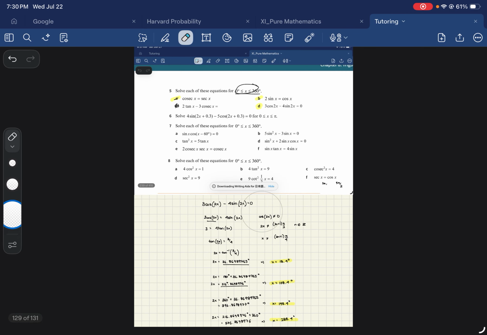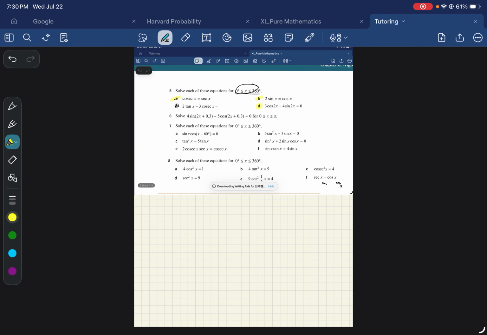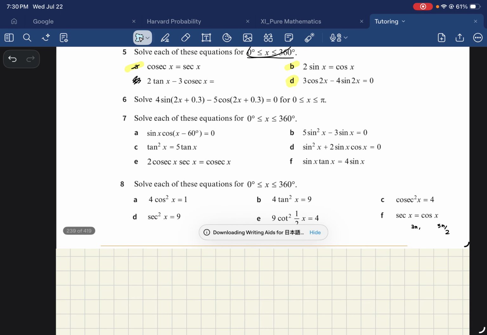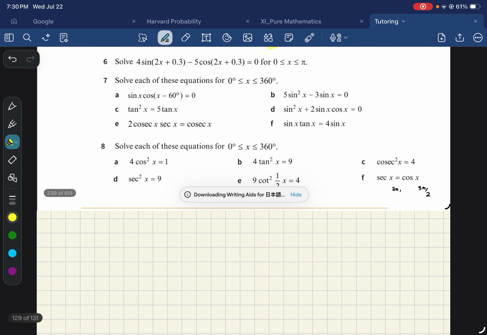So let's do question 6. So we are asked to solve 4 sin(2x + 0.3) minus 5 cos(2x + 0.3) is equal to 0 for 0 ≤ x ≤ pi.